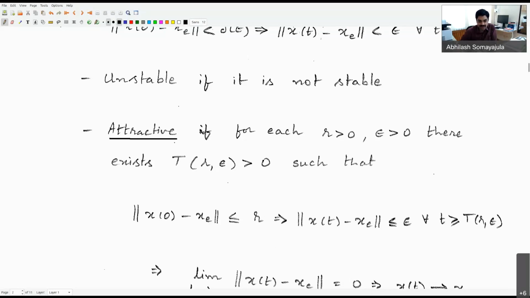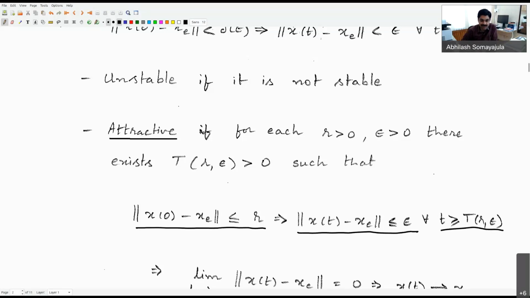We call it an attractive equilibrium point if for each r greater than 0, some radius that I'm choosing, there exists a time, capital T, which depends on r and epsilon, such that if I start with an initial condition which is closer than r, it will result in my system being inside that epsilon ball for all time greater than this time T. So you'll see that here it has a similar idea to what a stable system was.